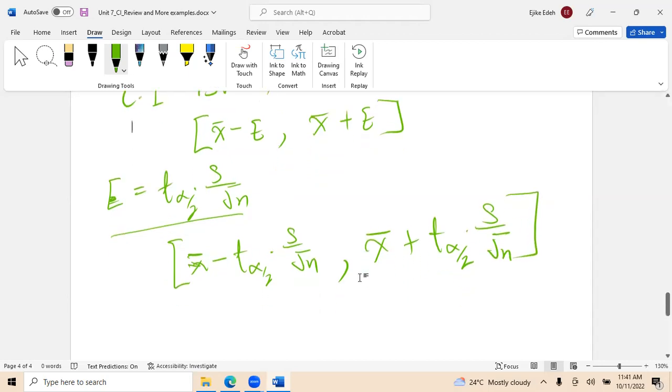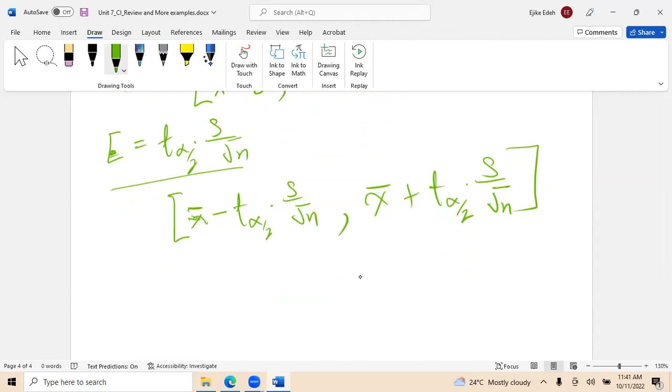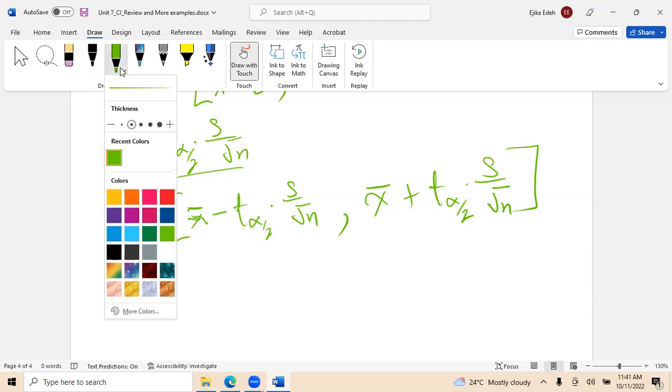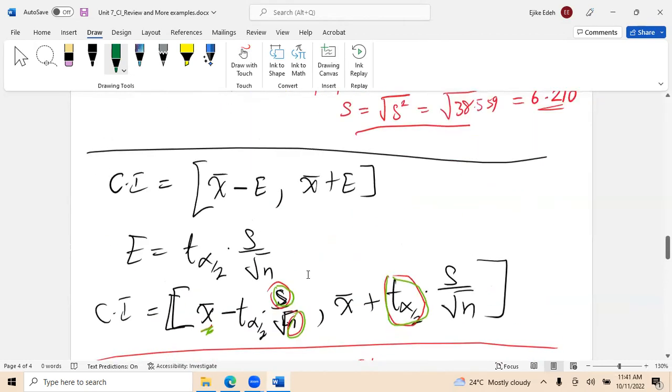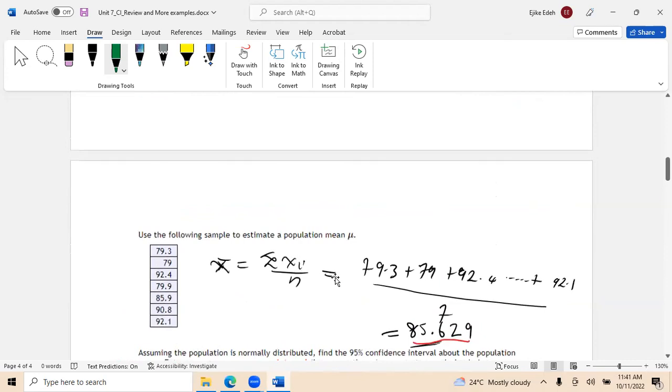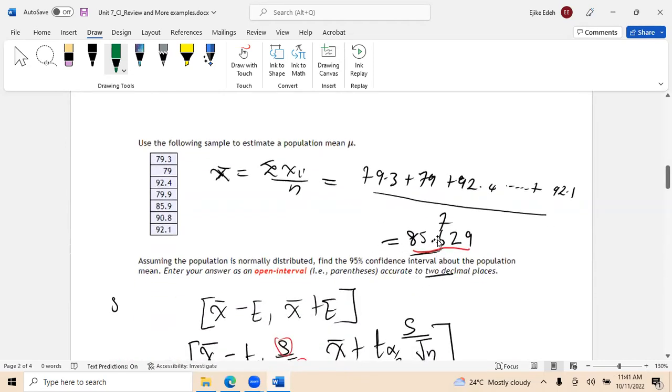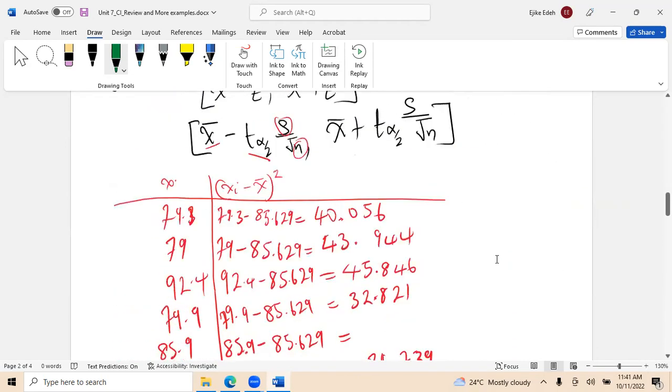So we're going to plug in because we have everything right now, right? Let me see if I can get a darker green. If we start plugging in, this is the mean, which we computed earlier to be 85.629.